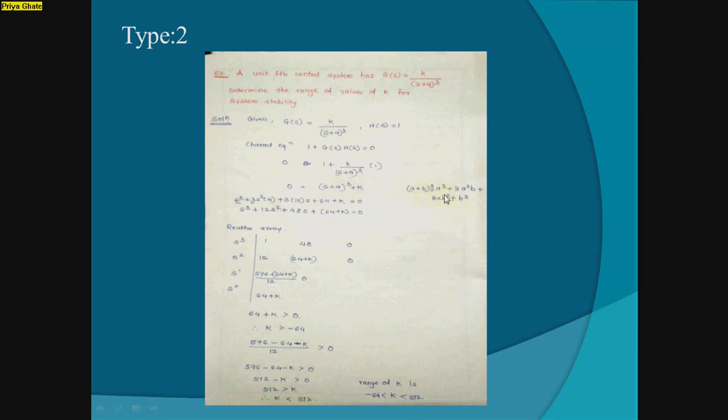The formula a plus b cube is equal to a cube plus 3a square b plus 3ab square plus b cube. By using this formula, we have simplified this equation, and we have s cube plus 12s square plus 48s plus 64 plus k. Now we are going to solve this equation by the Routh array method.